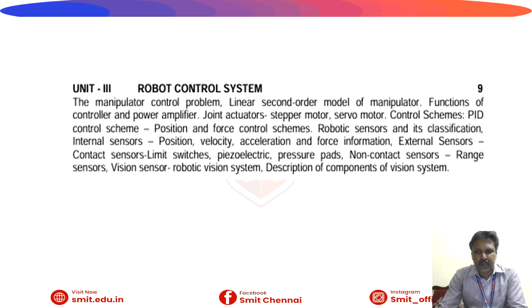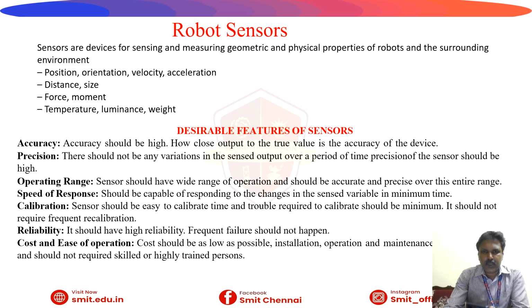This slide gives a glimpse of the syllabus, already we have seen in the first part of this video lecture, that is the unit called robot control system. Now we have another important concept, that is called sensors, robot sensors.